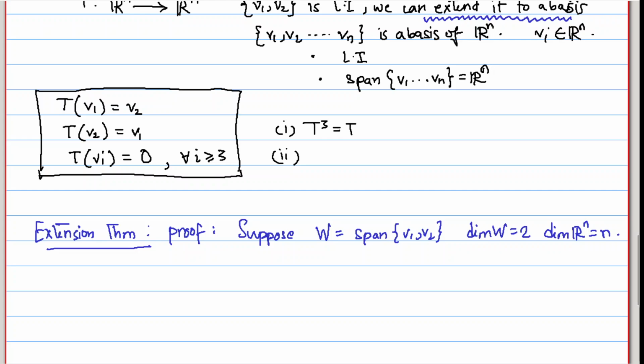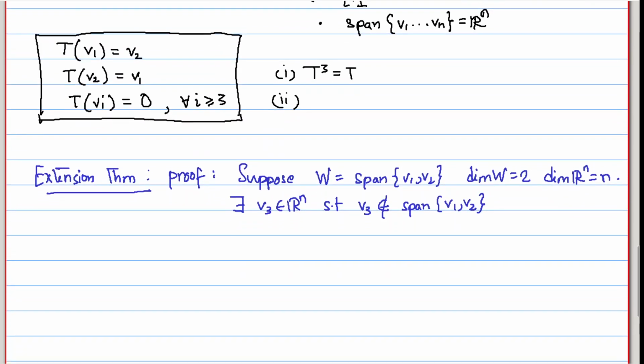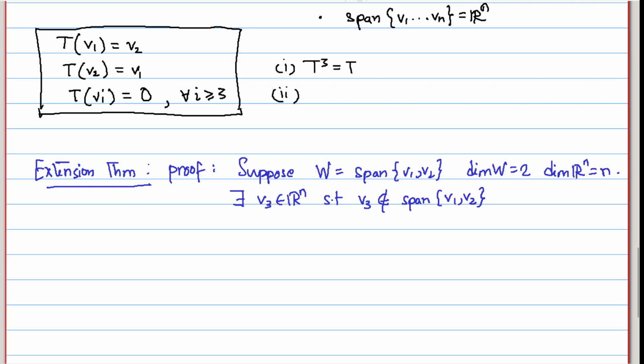That means that there exists some vector, call it v3 in Rn, such that v3 is not in the span of v1 comma v2. This exists, right? Why does this exist? Because the span of v1 comma v2 is not equal to Rn. This is why it exists.